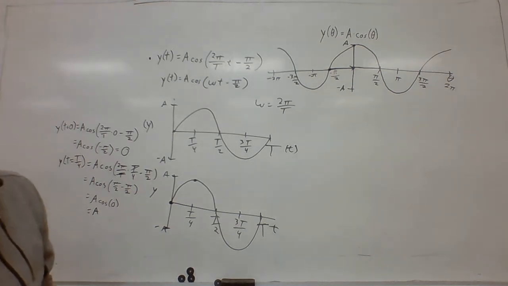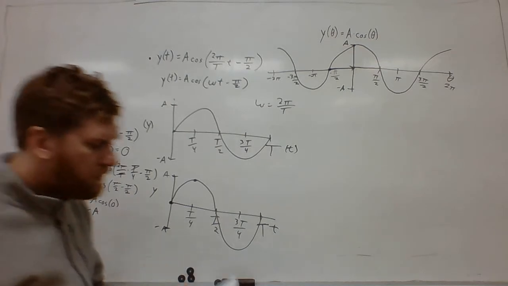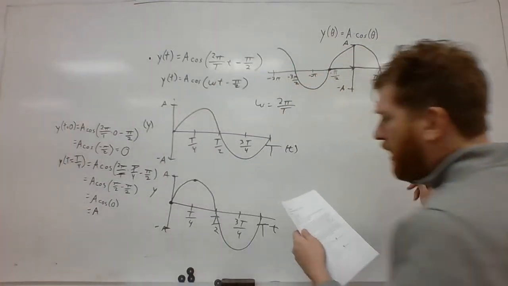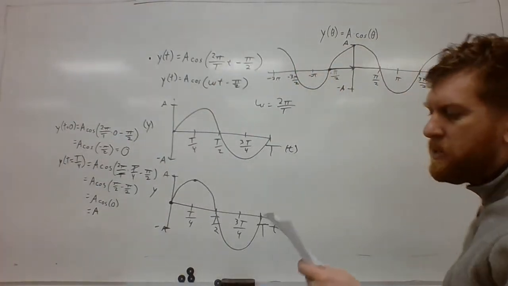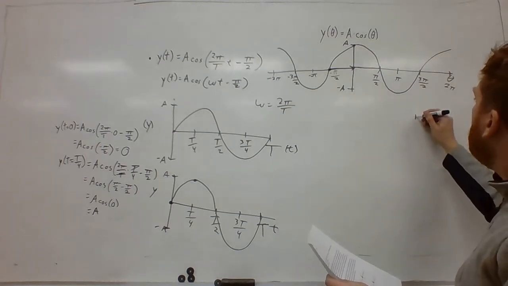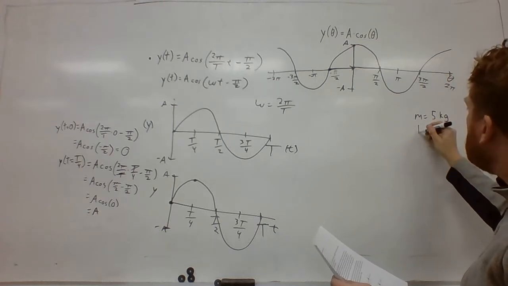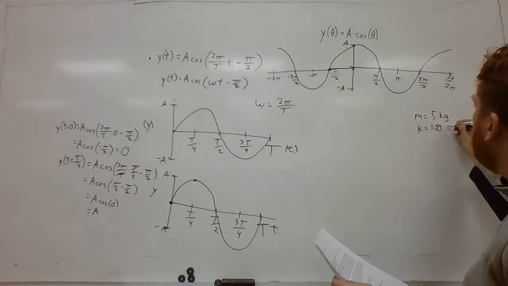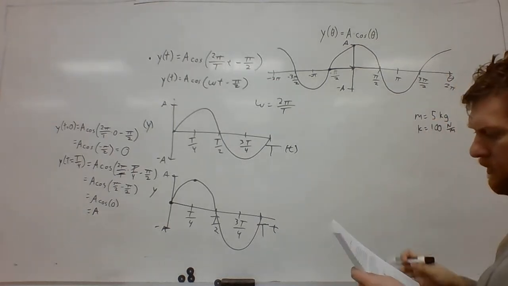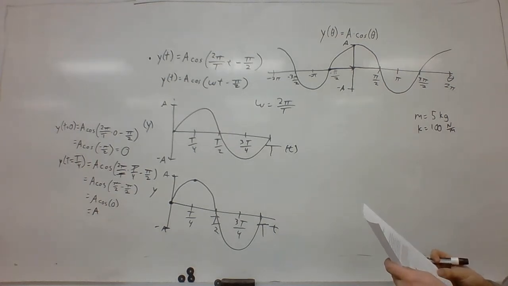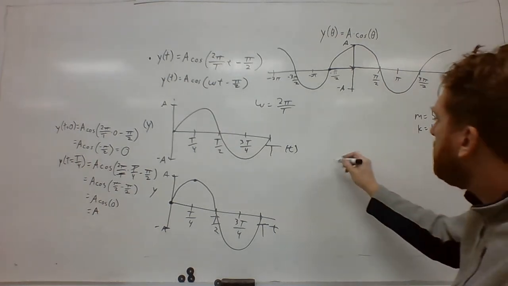Now we're going to do an example that has real numbers. For number 4, we have a mass spring system. The mass is 5 kilograms. The spring constant is 100 newtons per meter. The system is displaced 2 meters below equilibrium position.